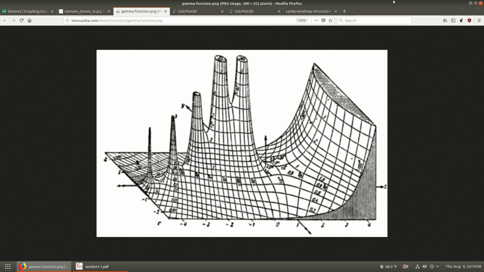This is what we call the modulus of the gamma function, which is a very special function of two real variables that serves many useful purposes in mathematics. And in fact, what it is used for quite often is giving a meaning to factorials of non-integer numbers.